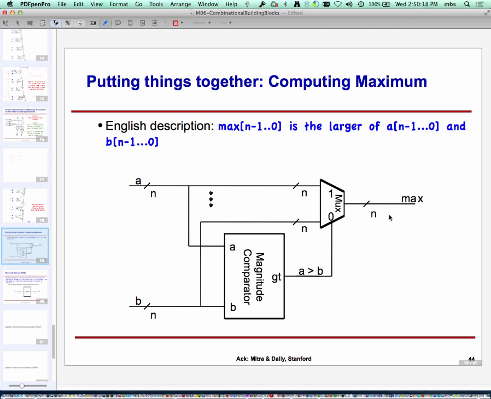Will we, in a test situation, ever be able to have a black box magnitude comparator at our disposal, or will we have to? Yeah, I'll tell you as part of the question. I would say you can use a magnitude comparator, or you can use any block that we studied in the class.